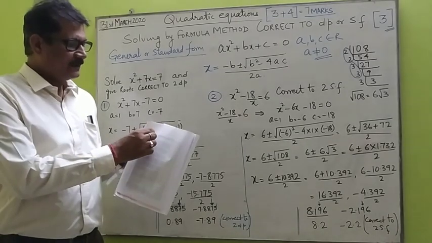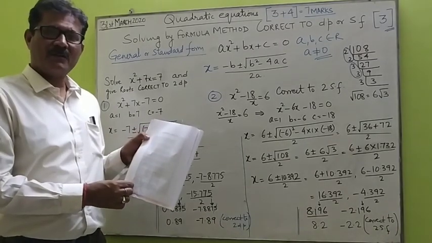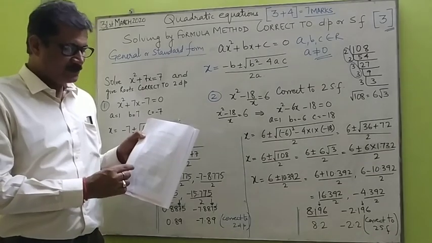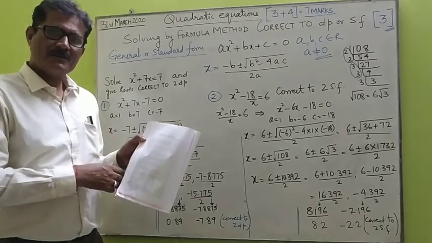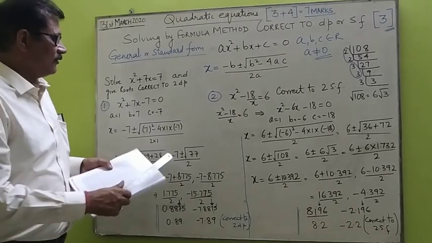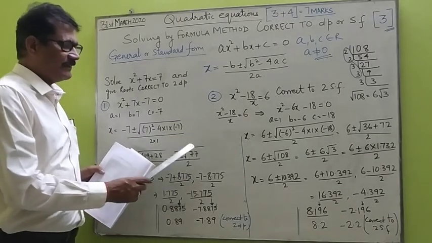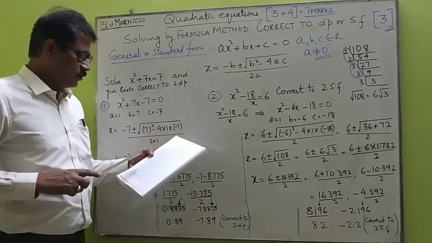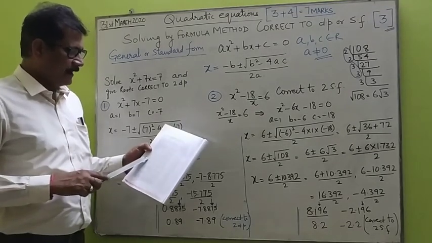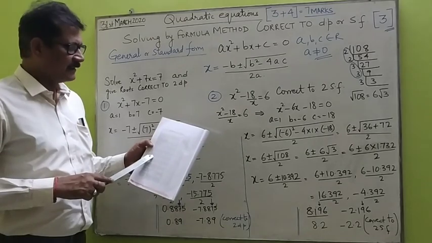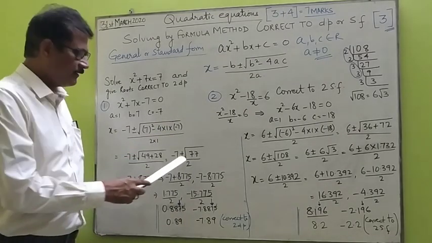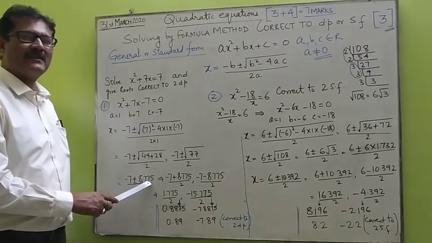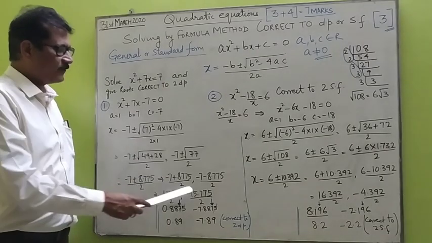On the last corner you will find the numbers, and adjacent to the numbers are mentioned their square roots. So if you are to find under root 77, then you look at this root 77, and next to root 77 you find it's written 8.775. So we'll copy down the value from there as 8.775 and solve it further.